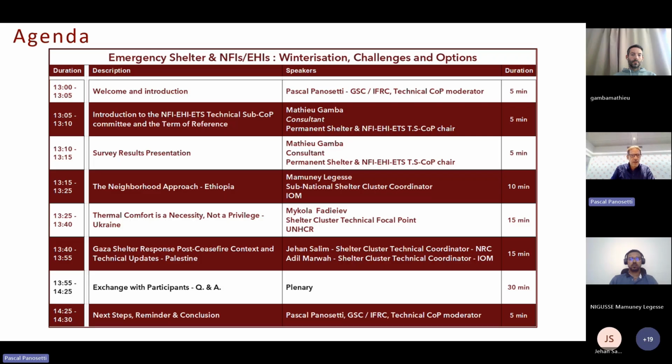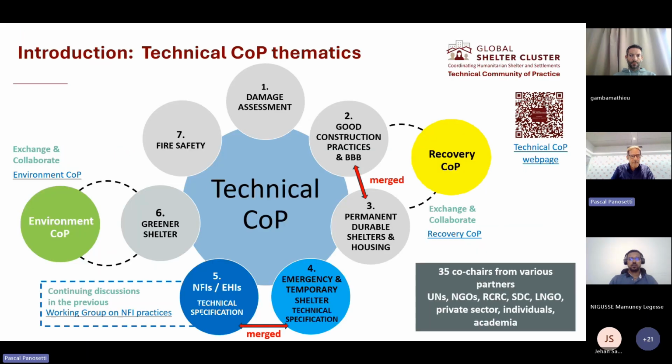Then we'll pass to three presentations, one from Ethiopia, one from Ukraine, and one from Palestine, specific on Gaza. And I would like to thank all the shelter cluster team who are taking the time to share some information about their response. Then we hope to have a 30 minute exchange, answering questions and having interaction with you, and then we'll close the webinar.